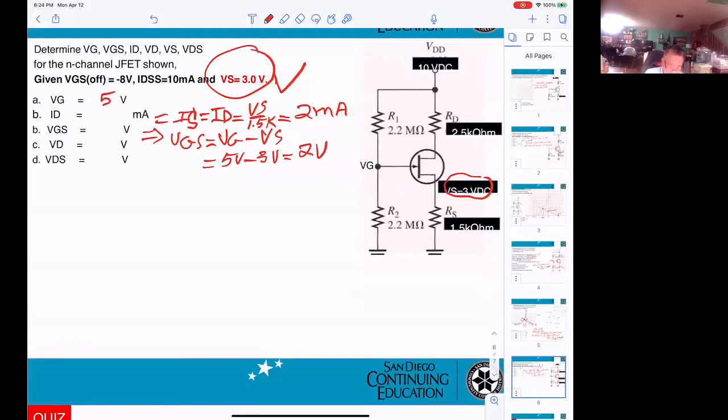VD equals VDD minus ID times RD. ID is 2 milliamp times RD 2.5K, that's 5 volt. Then VDS equals VD minus VS. I hope next time you do the quiz, you can get everything done.